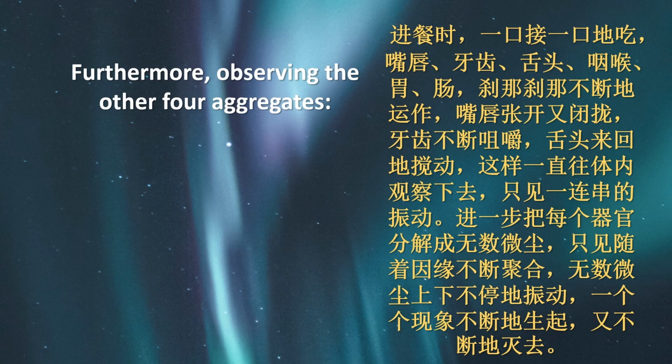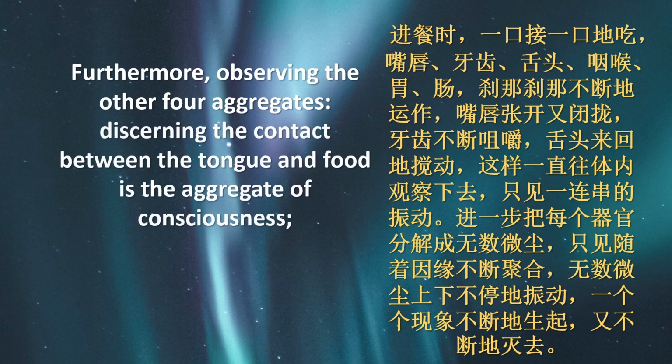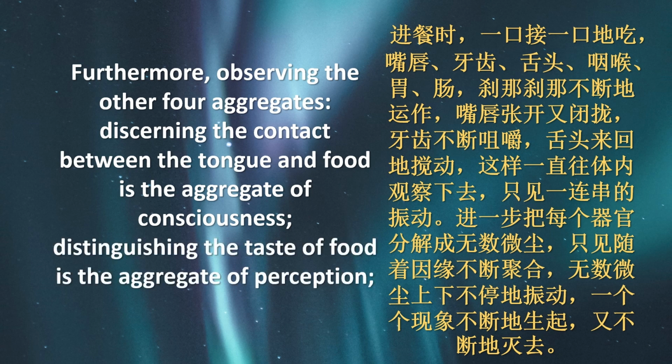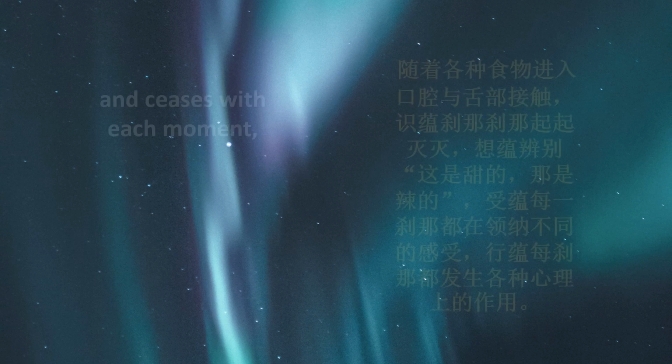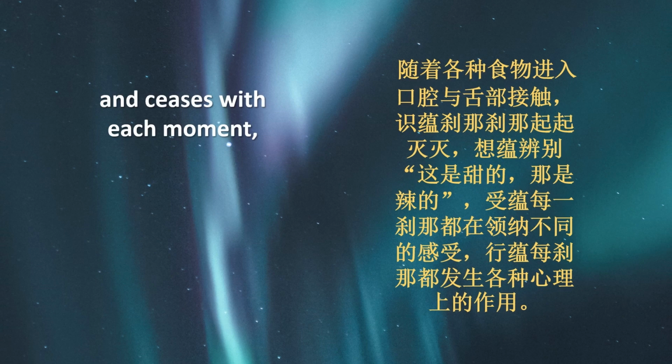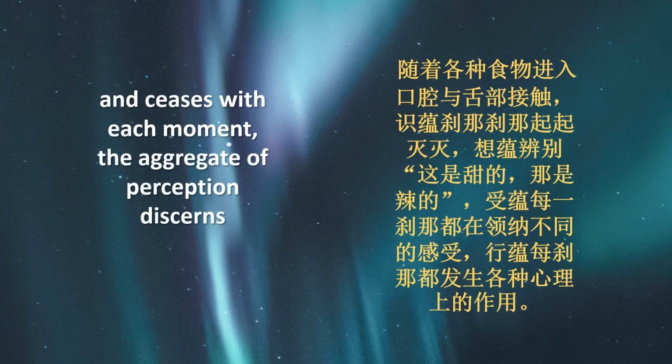Furthermore, observing the other 4 aggregates, discerning the contact between the tongue and food is the aggregate of consciousness. Distinguishing the taste of food is the aggregate of perception, and ceases with each moment. The aggregate of perception discerns, this is sweet, that is spicy.